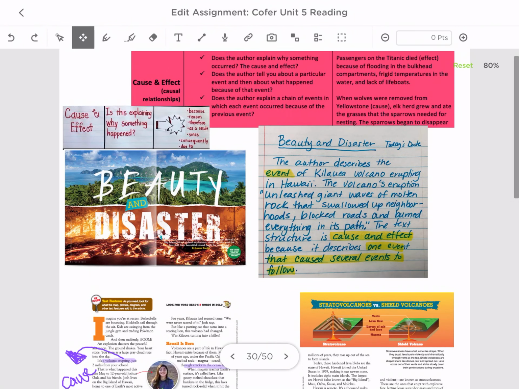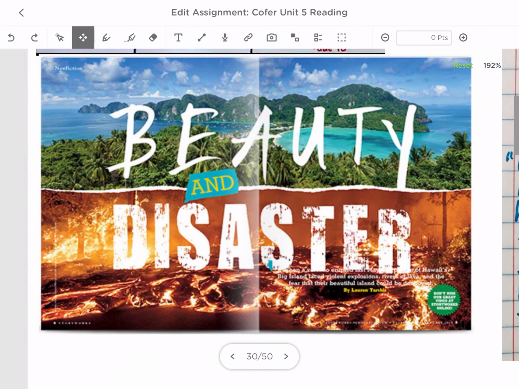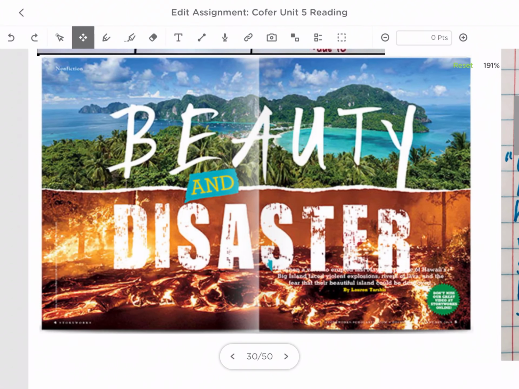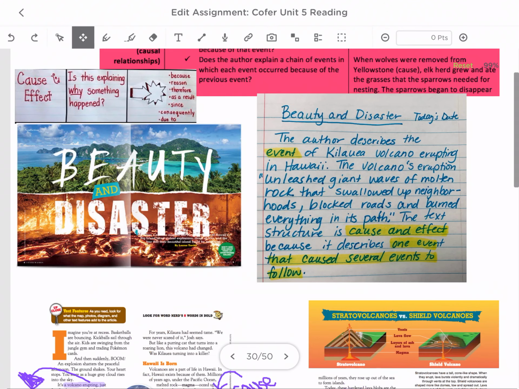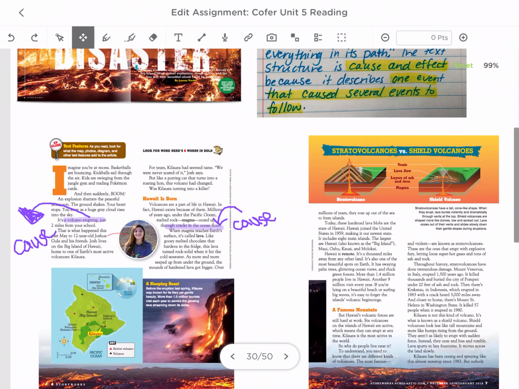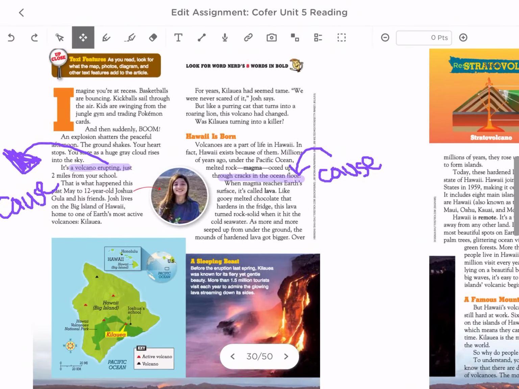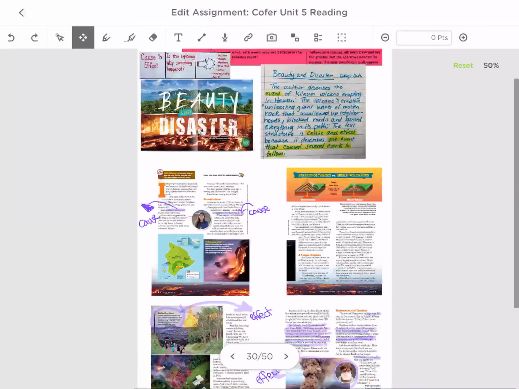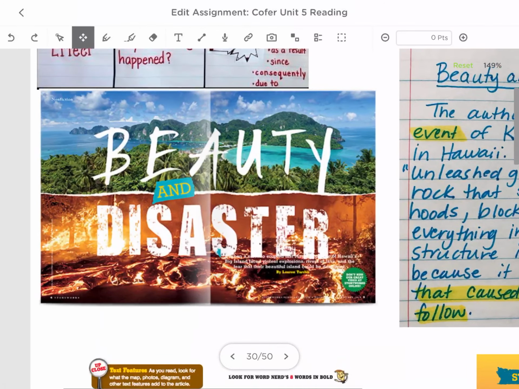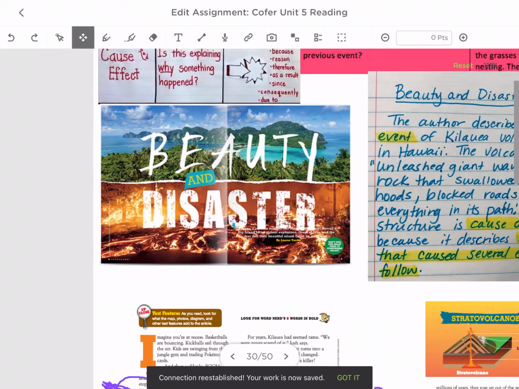I'm seeing that something had an effect to make it look like the bottom picture, and I'm wondering in my mind what that could be. So when I start to read the article, I'm looking for the cause. Why did this beautiful picture turn into looking like the bottom picture?